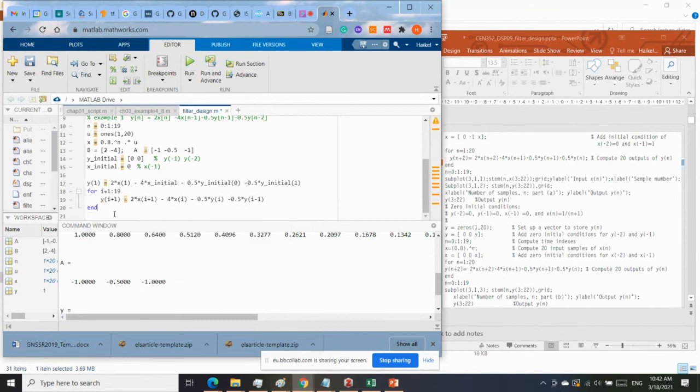So now this means y1, we have to do it also here. I'm gonna do it in the loop. So the loop should go from 3.